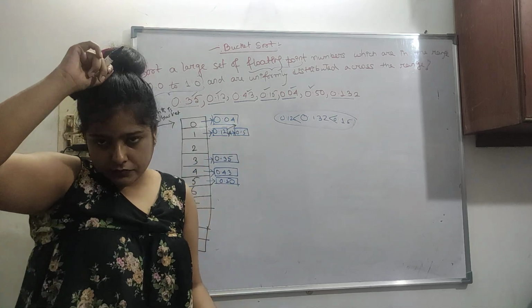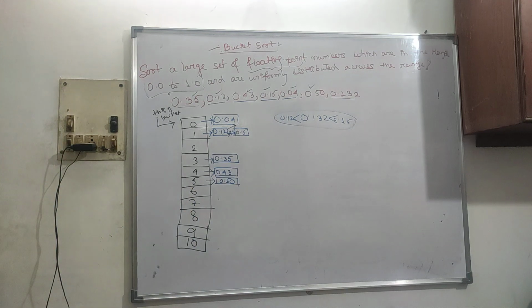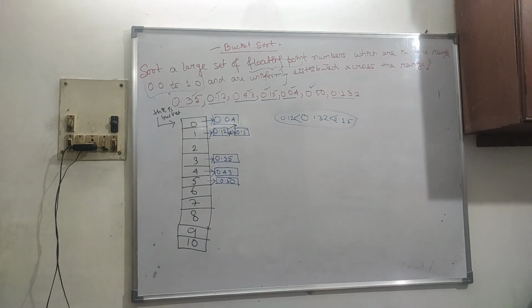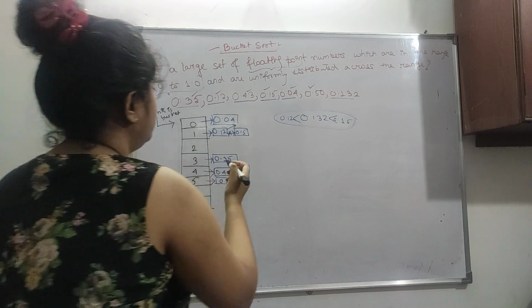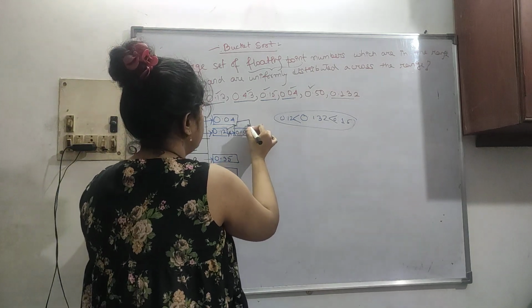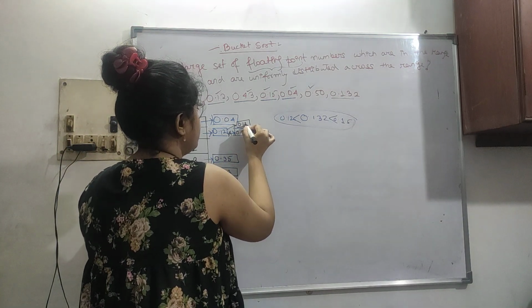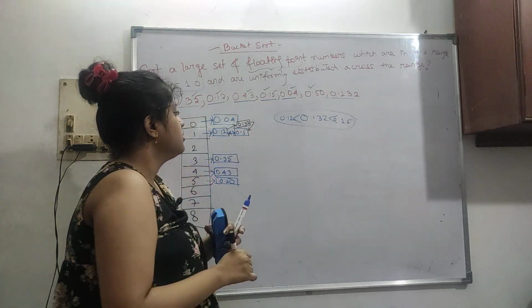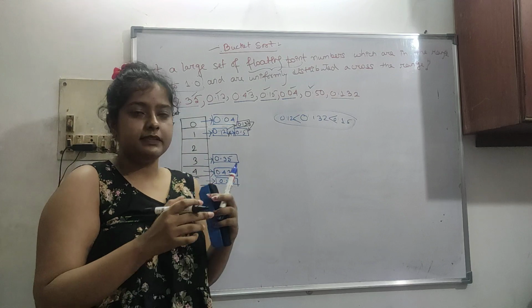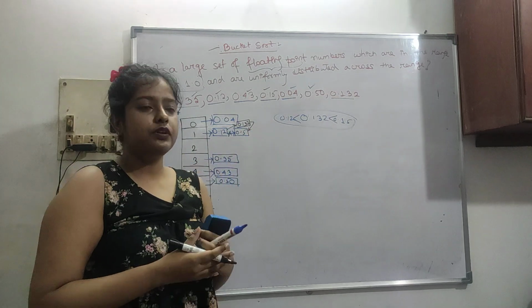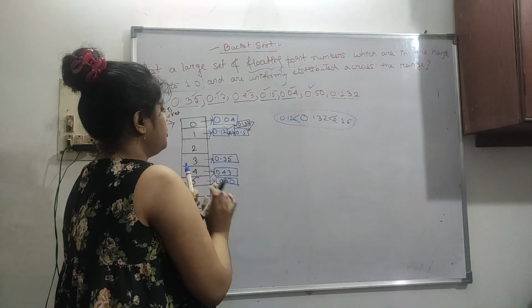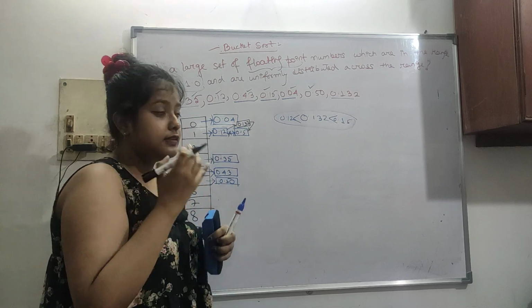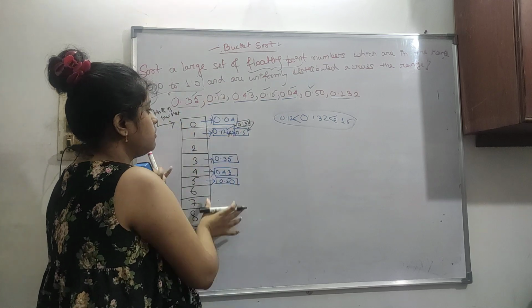Basically it works like a linked list. So 0.132 will be present here, and after that this will come. In this way, this is basically the chaining kind of thing, like a linked list we are putting. So now you can very easily understand that all this is sorted.